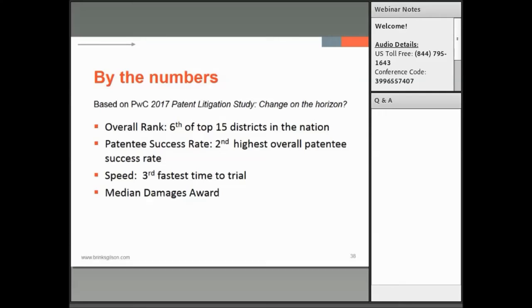The Eastern District is number 1, and the Northern District is number 3 in terms of success rate for patentees. After that is Delaware. But once you get to Delaware, there's a 9% drop in the success rate, and it drops precipitously after that. So it's a significant difference, and it provides a significant benefit, at least percentage-wise, to file in the Middle District of Florida.